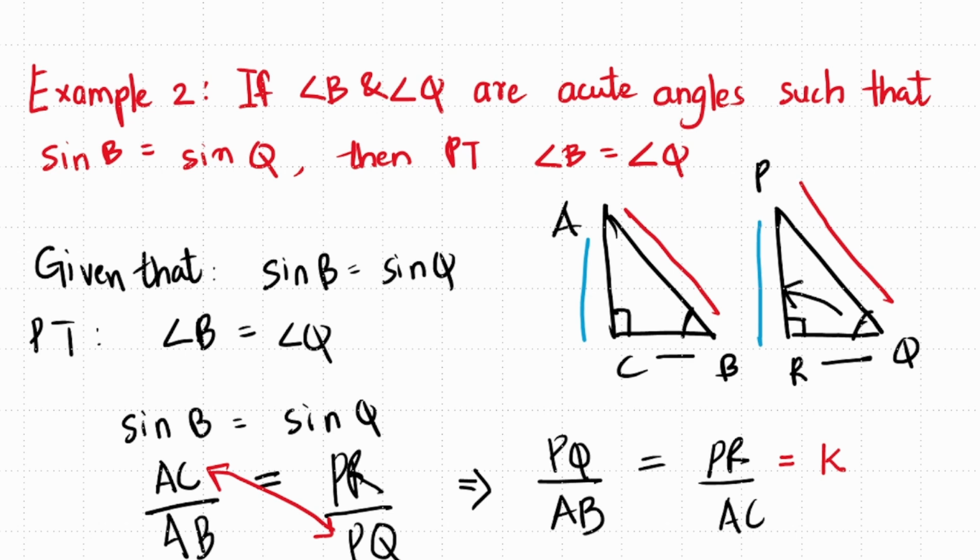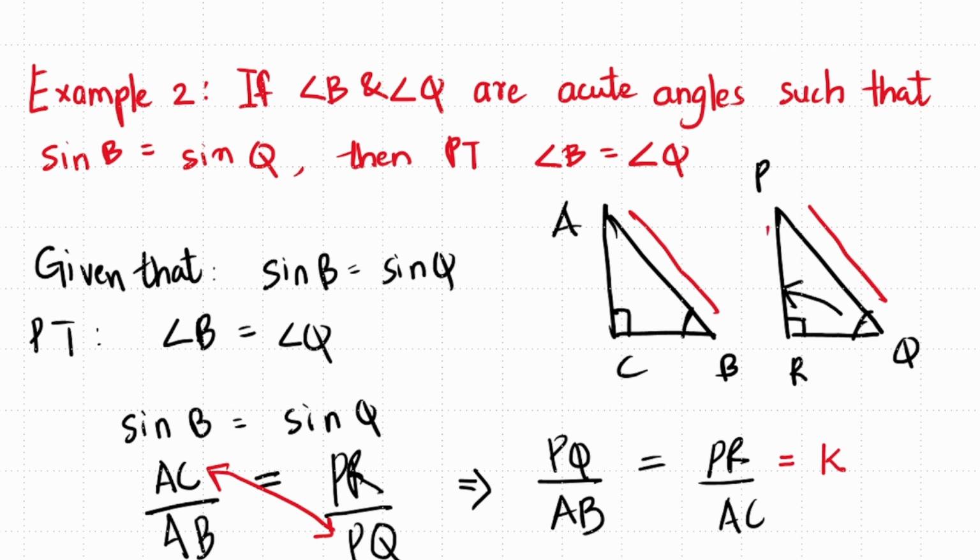So I'll tell you once again. You have PQ, which is this side, and you have AB, which is this side, PQ and AB, right? You can see the ratio of the corresponding sides here.